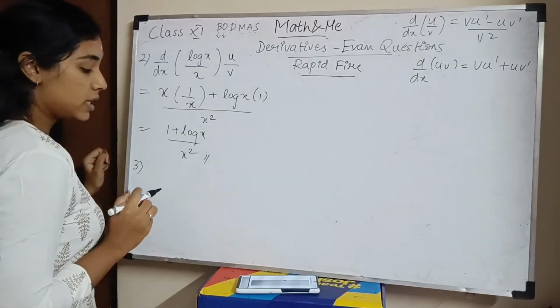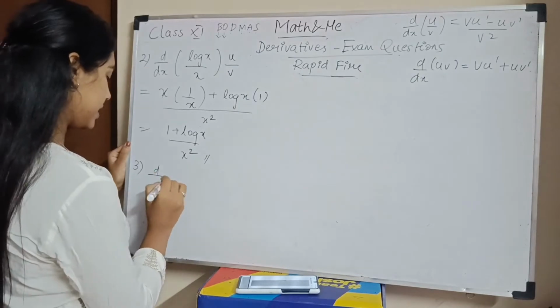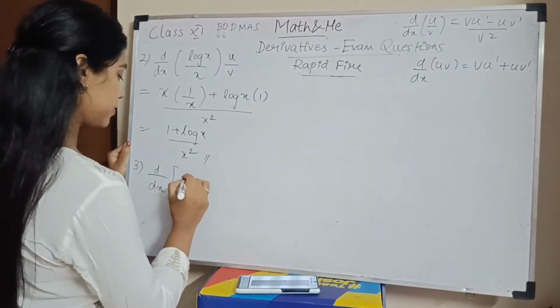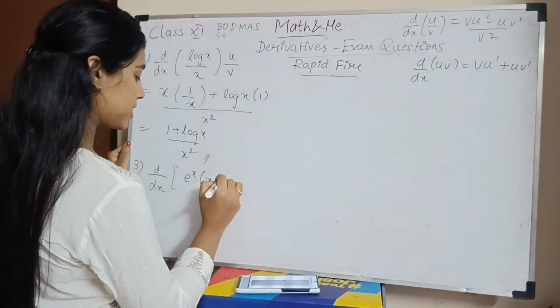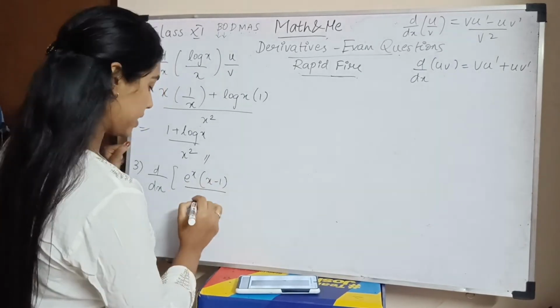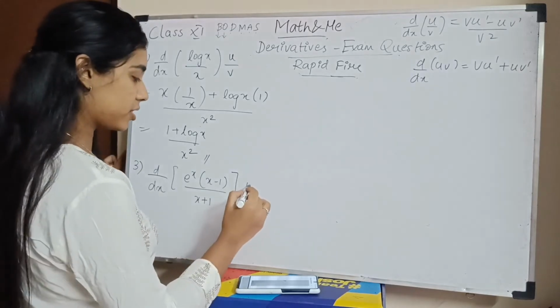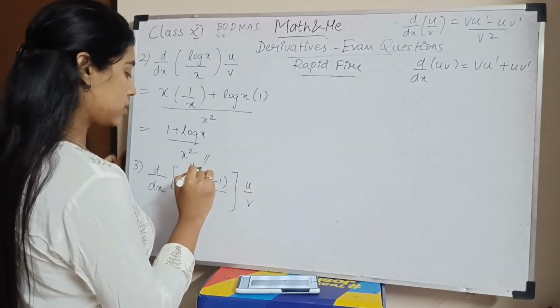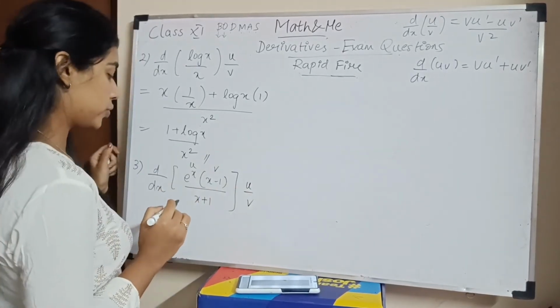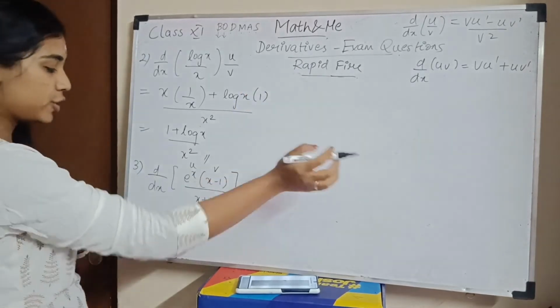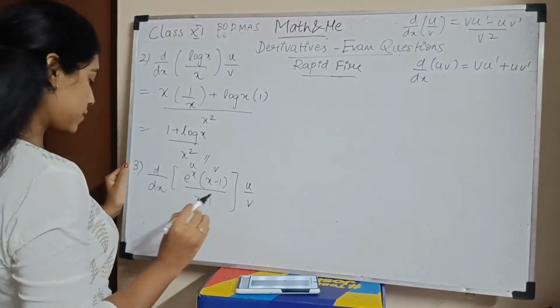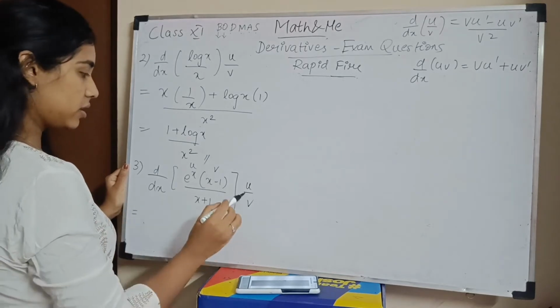Okay. Next question. d by dx of e to the x times x minus 1 divided by x plus 1. So this is a combination of both multiplication and division. So u by v is there, u v is also there. You have both. So what do you do first? You approach the division first. So what do you have? v u dash.